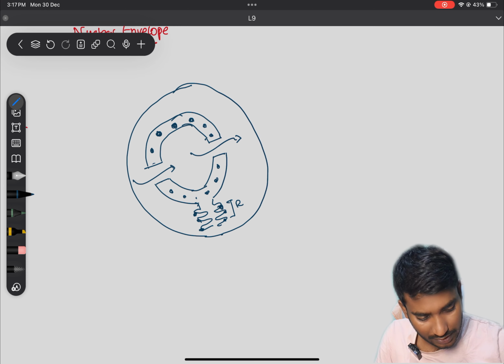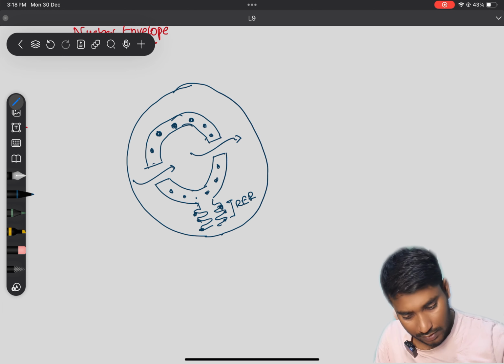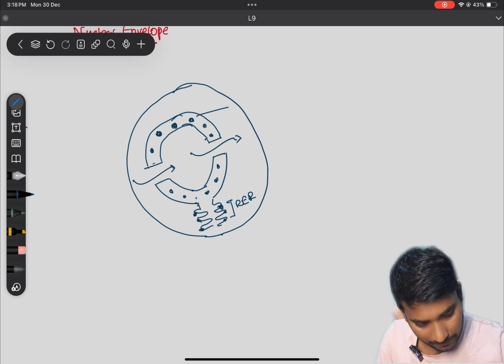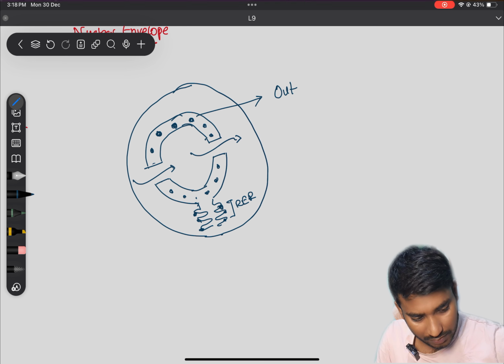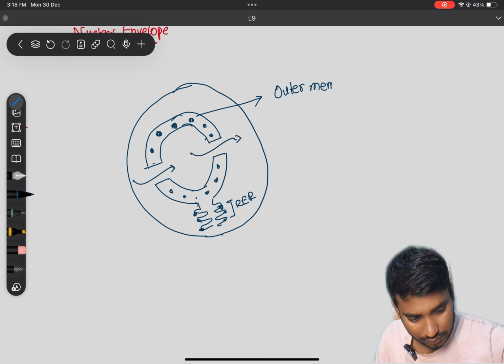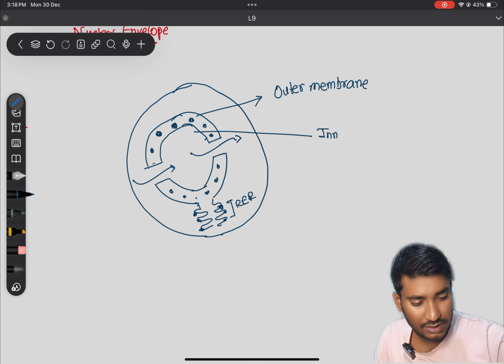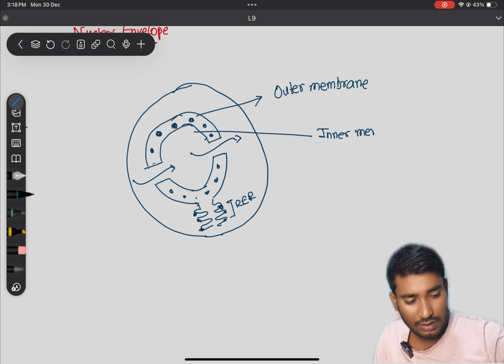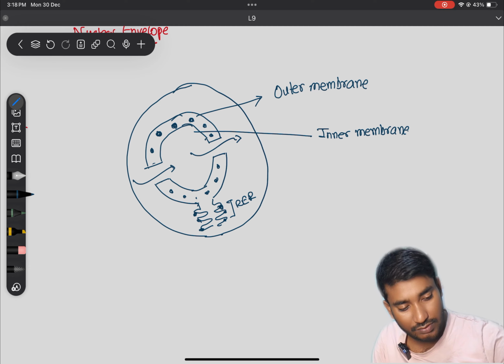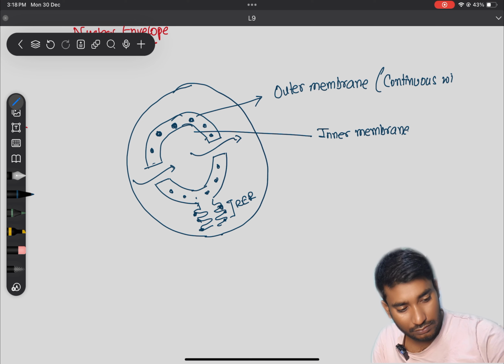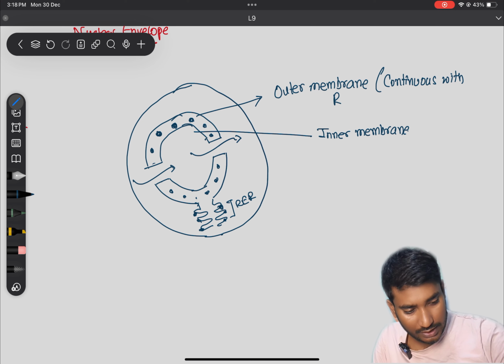Okay, this is RER, and this is the outer membrane, that is the inner membrane. The outer membrane is continuous with RER.